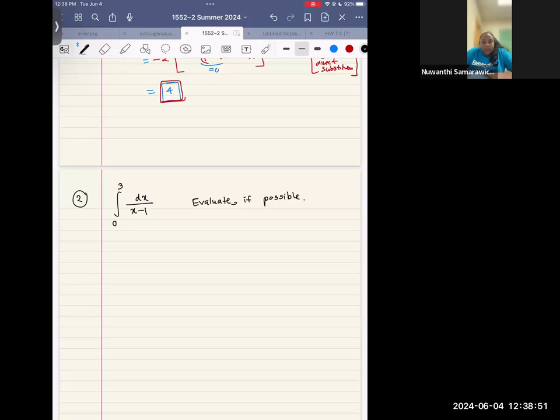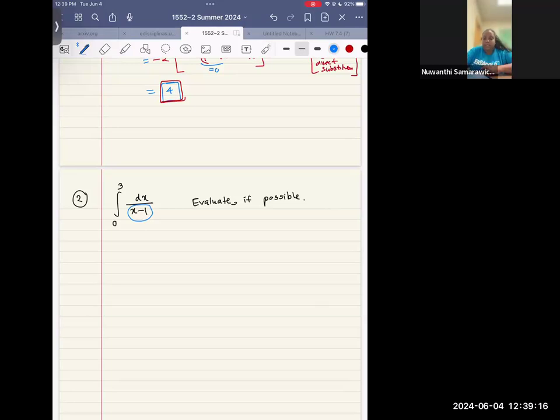Is there any discontinuity in the function f? Yes, very good. When x is equal to 1, the denominator becomes 0, so we have a discontinuity.